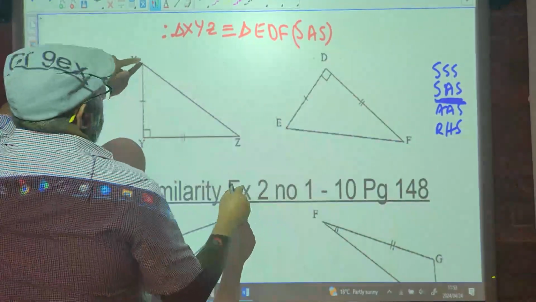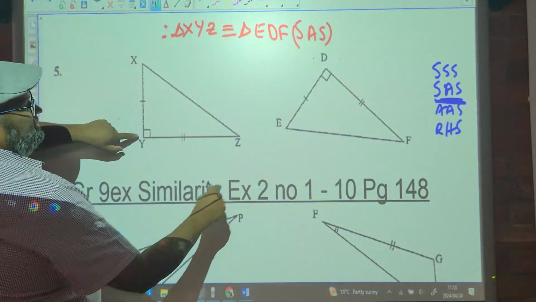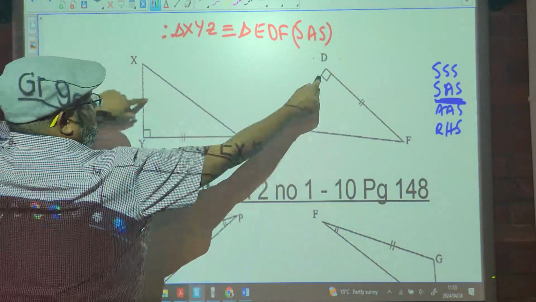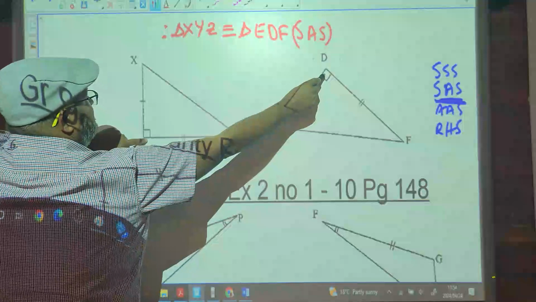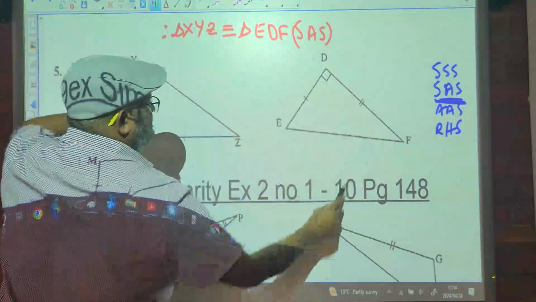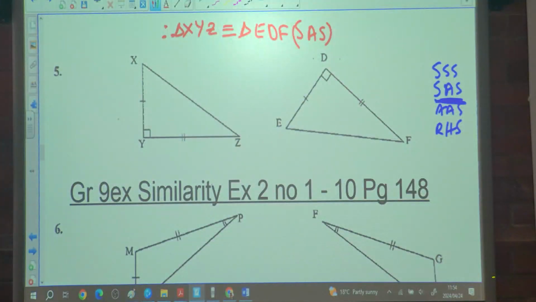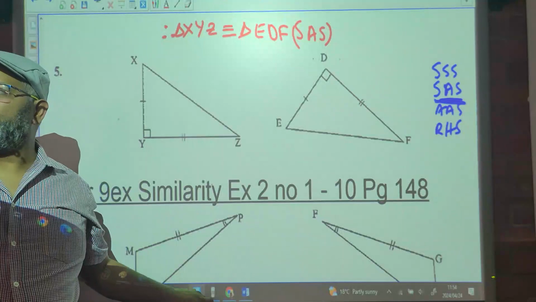So you see here, between X to Y, D to E, going through the one mark, then to the 90, then to the side marked with 2 stripes. Okay. See any confusion there?